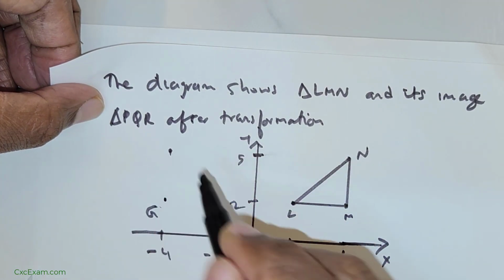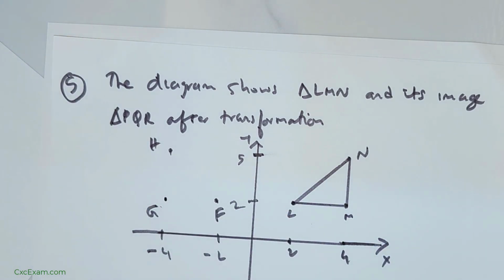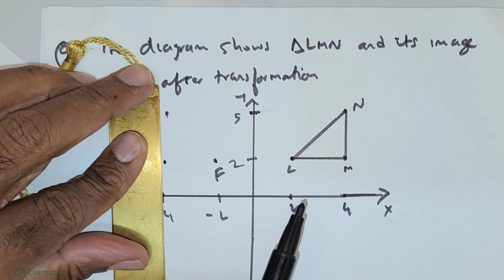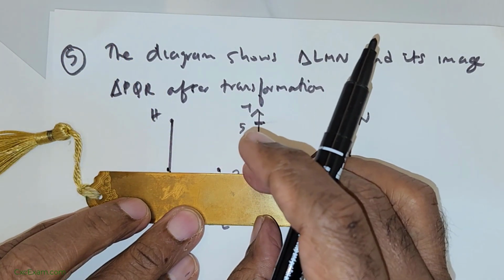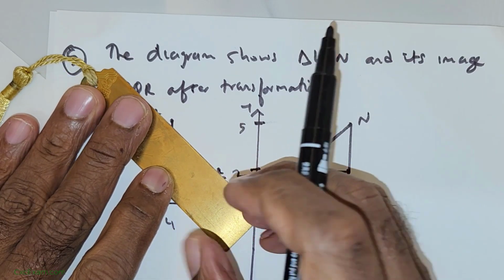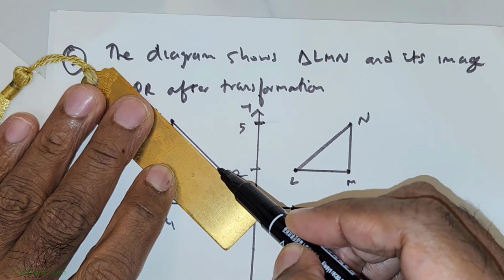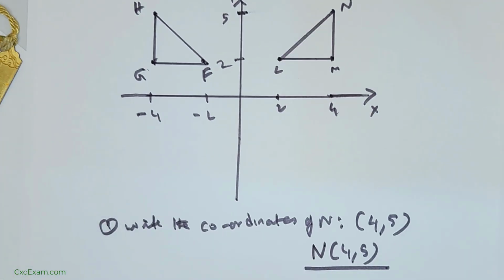So this is the point H. So you draw the graph. This is going to be how it looks. Okay, so that's the solution for this question.